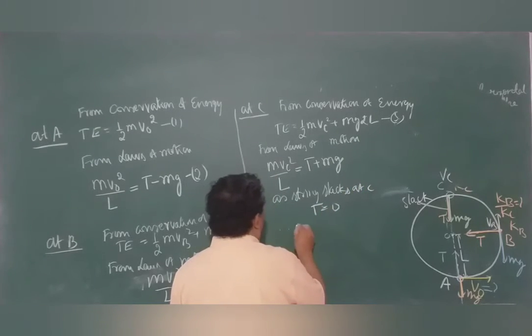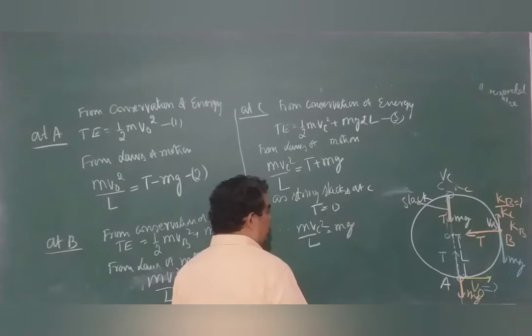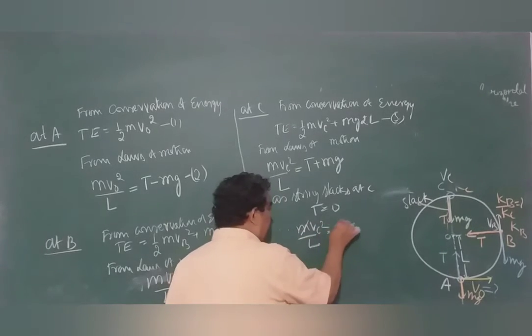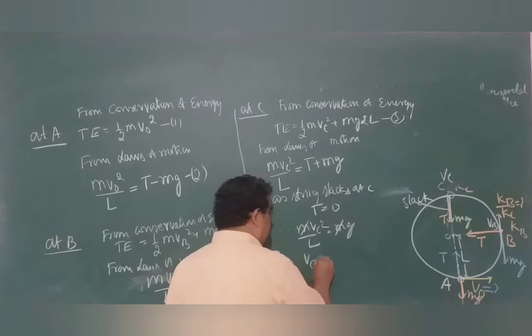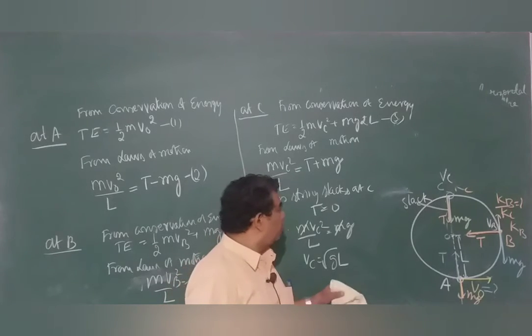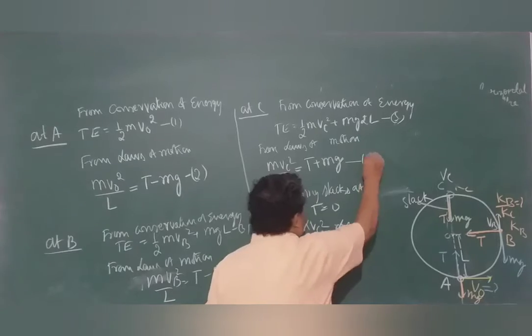Therefore, we write m Vc square by L equals mg, and we are getting the first equation for velocity. m we can cancel, Vc equals root of gL. We call this equation the sixth one.